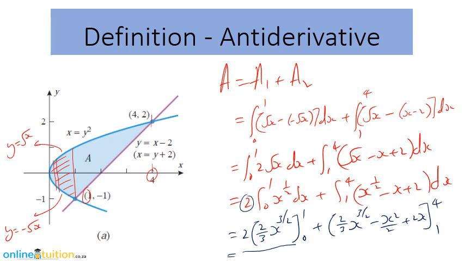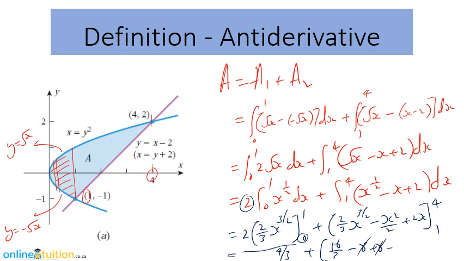There's a 1, so 1 to the power 3 over 2 is 1, 2/3, so this becomes 4 over 3. The 0 does not count. Plus, watch this. You're going to follow me. Put 4 in there. 4 to the power 3 over 2 is 2 squared. So that becomes 2 cubed is 8. So that becomes 16 over 3. Beautifully. All in the mind. 4 squared is 16. So minus 16 over 2 is minus 8. And 2 times 4 is 8. The 8 and minus 8 will cancel.